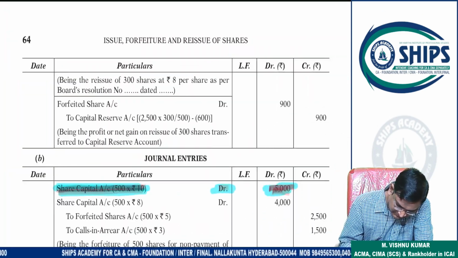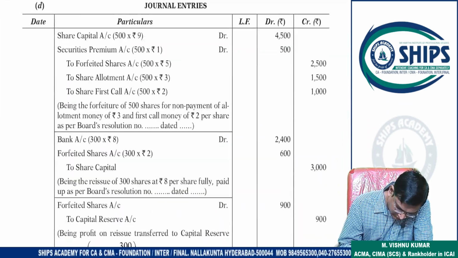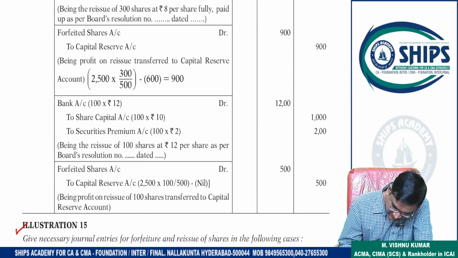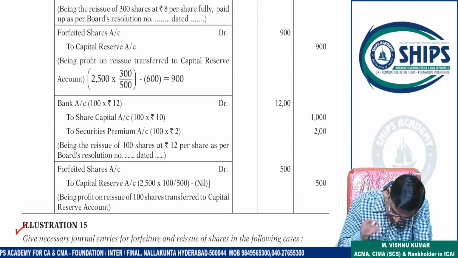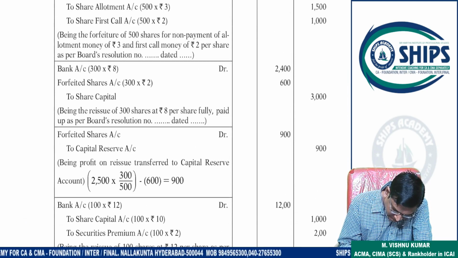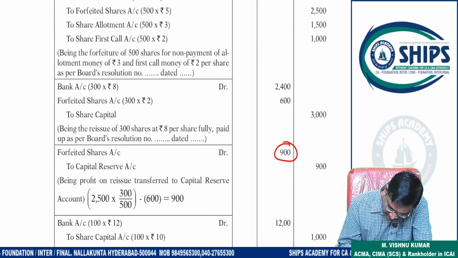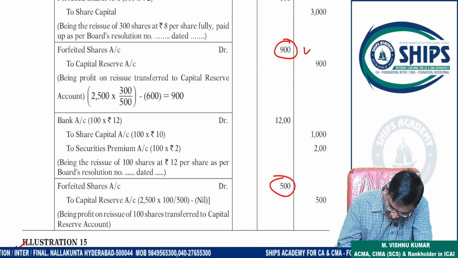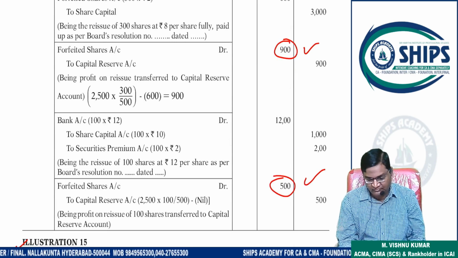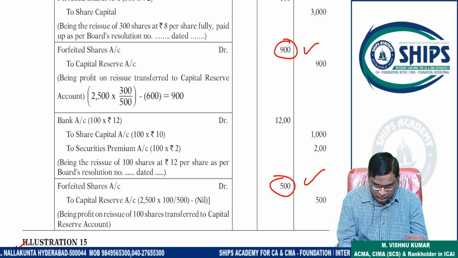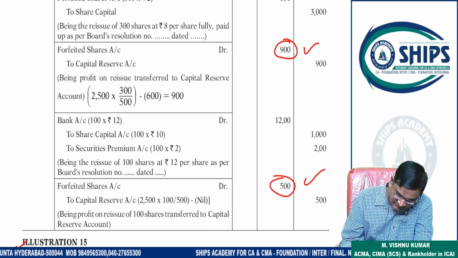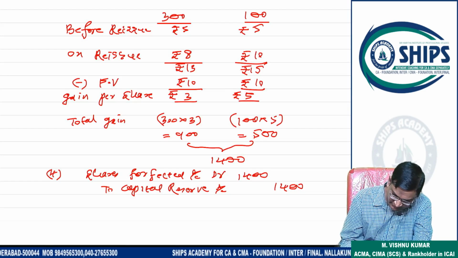Here, last entry. Okay, 900 plus 500, total gain how much? Check, 1400. So he passed separate entries, but I explained combined 1400.